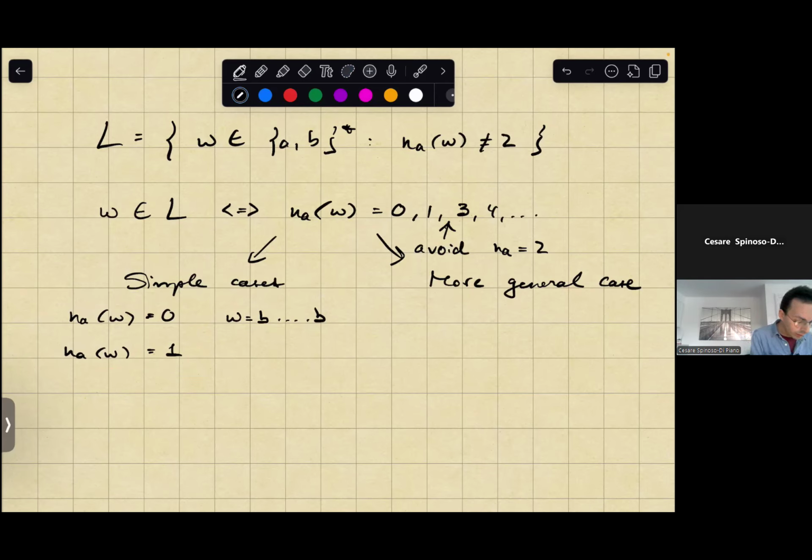Now, what about when the number of A's in my string W is exactly 1? Well, you have your string W and you have exactly one A, and to the left and to the right of the A, there could be 0 or more B's.